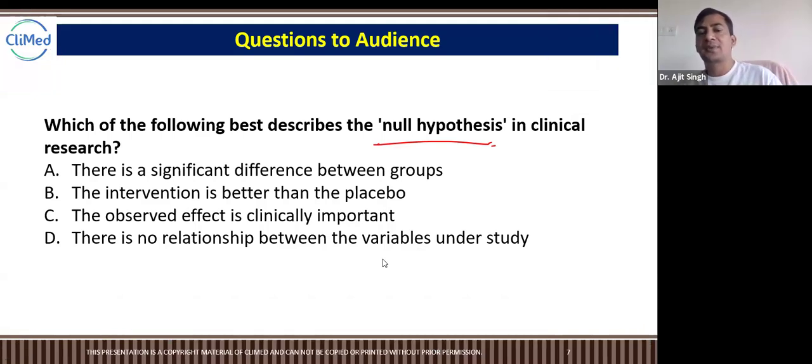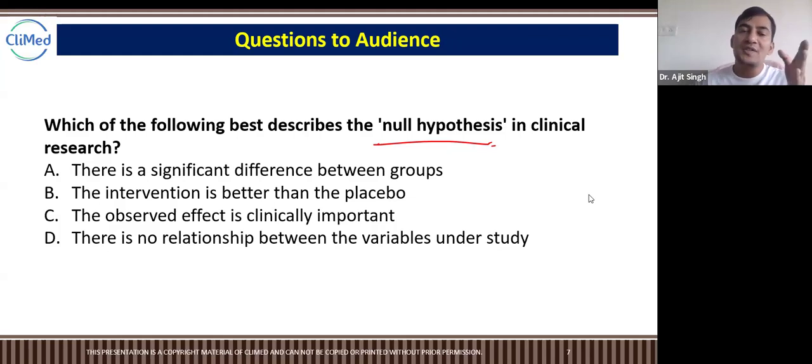Okay, listen. There are other hypotheses also. Null hypothesis is just an assumption or expectation of what a researcher thinks he is going to get. Suppose I am doing research in buccal cancer, and I have taken 200 tobacco chewers and I am following them up for 10 years.